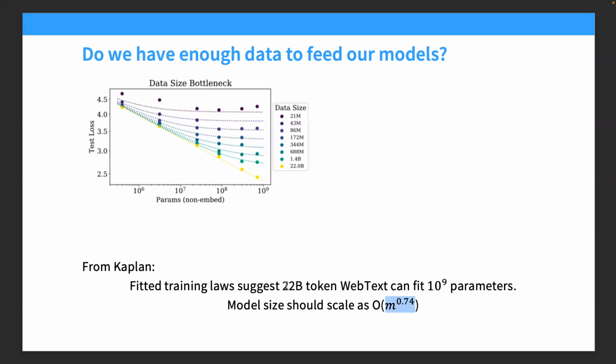People find that for 22 billion token web text, you can optimally fit a 10 to the power of 9 parameters model to train on these 22 billion tokens. If you further increase the model size, then your computing power is wasted.